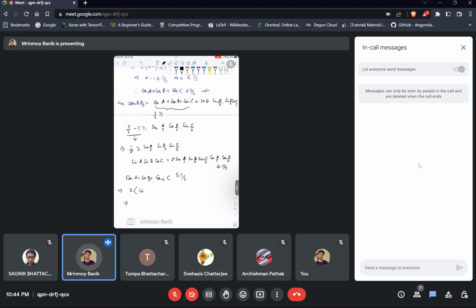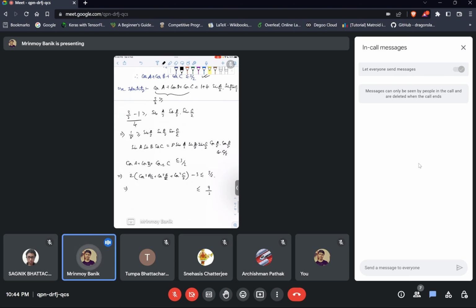So it's 2 times ... less than or equal to 3 by 2. We add it, we get 9 by 4. This is cos squared A by 2, cos squared B by 2, cos squared C by 2.